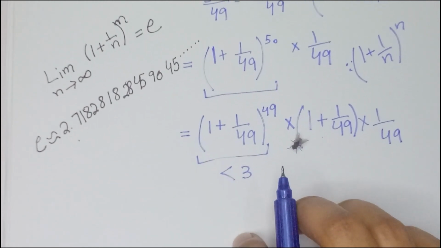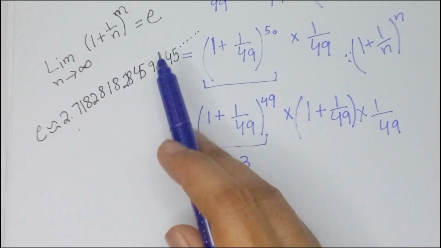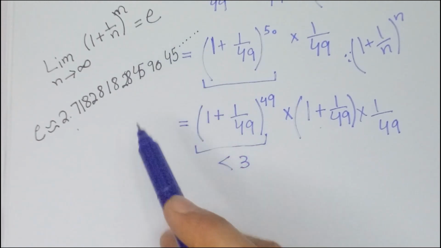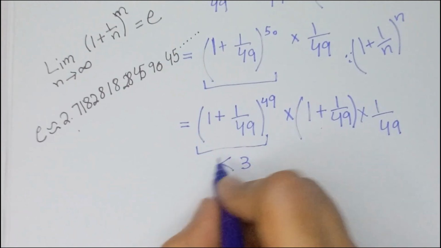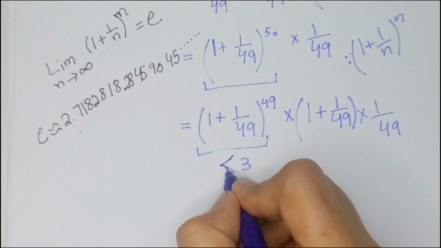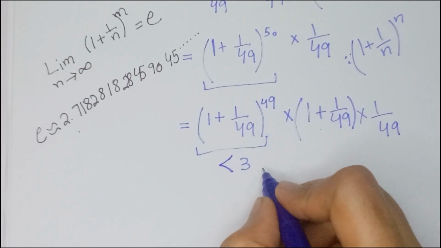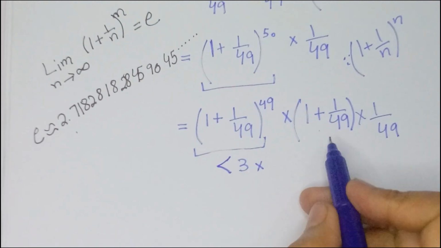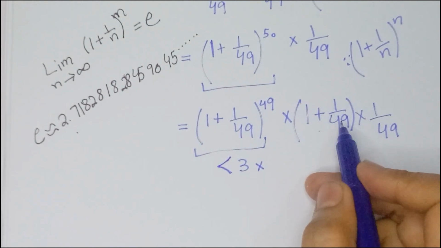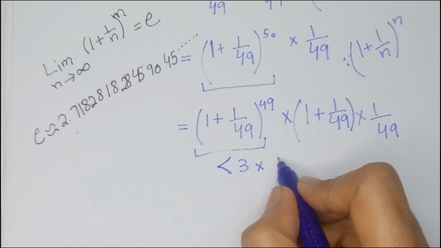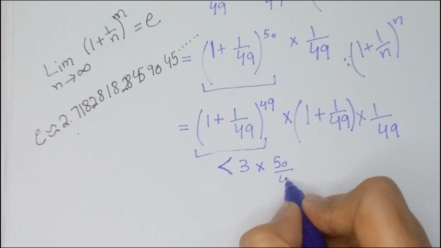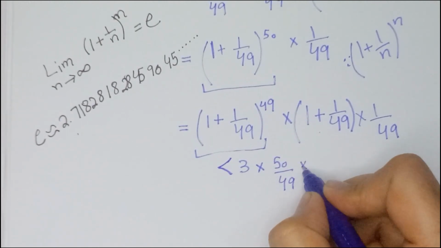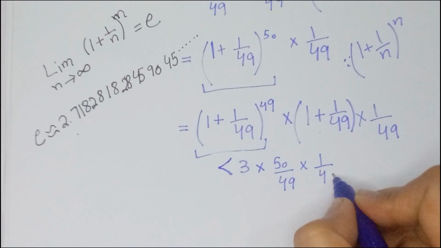Now as we have concluded that this e must be less than 3, we can put it down like this: less than 3 into 1 plus 1 upon 49, which can be written as 50 over 49 multiplied by 1 over 49.